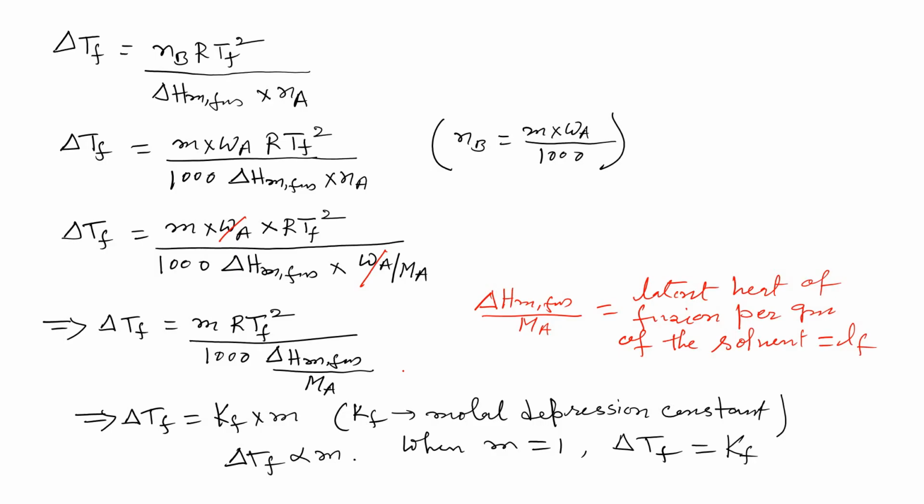Okay. So here, these things M RTF square 1000 in this place, what can I write? Here it is LF. So from here we can write delta TF, making it in a square bracket.